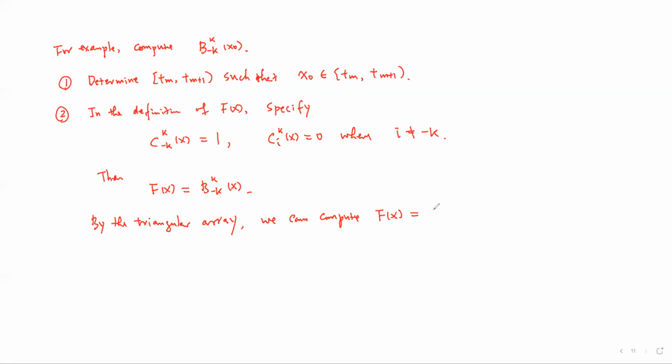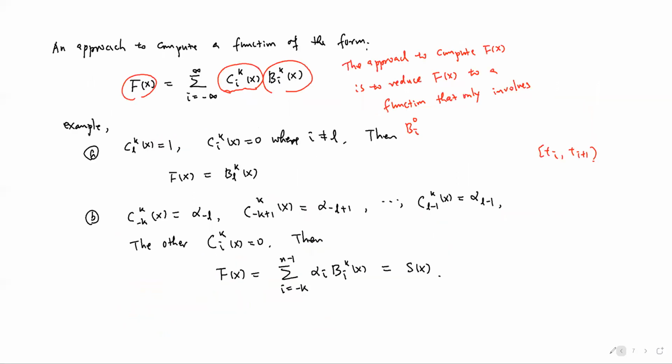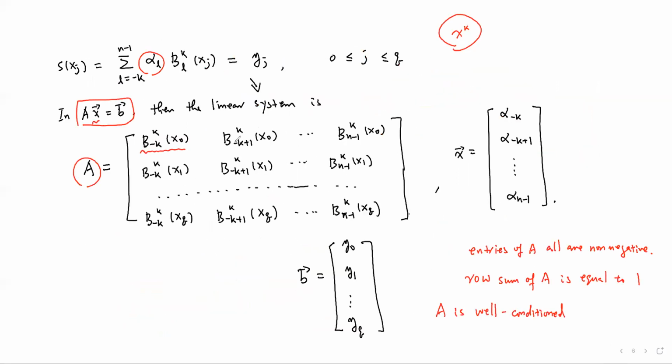F of x is Cm0(x), but this is equal to B_{-k,k}(x), where x is x0. Similarly, we can get the other entries. So we have matrix A.